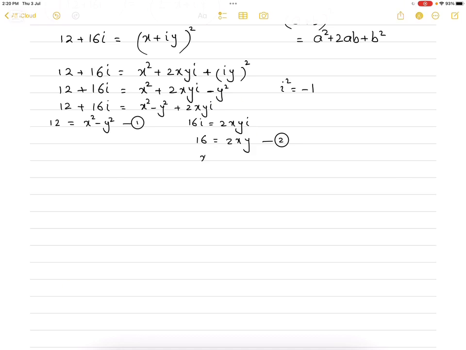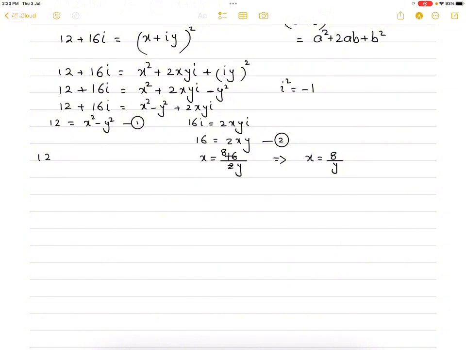So let me make x the subject. It becomes x equals 16 over 2y. So this gives me x equals 8 over y.